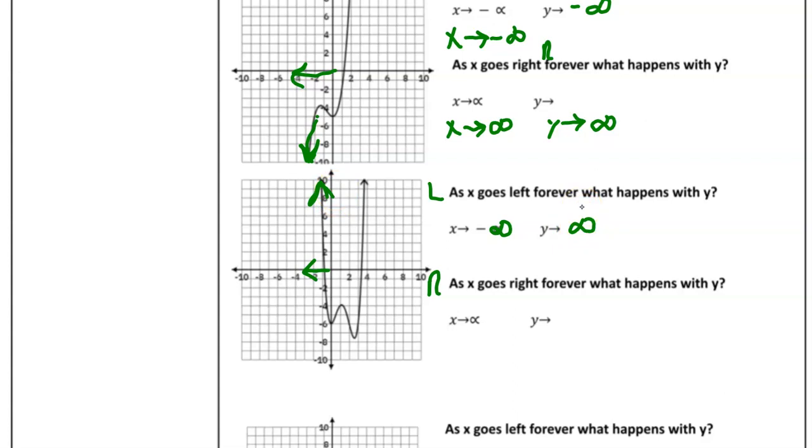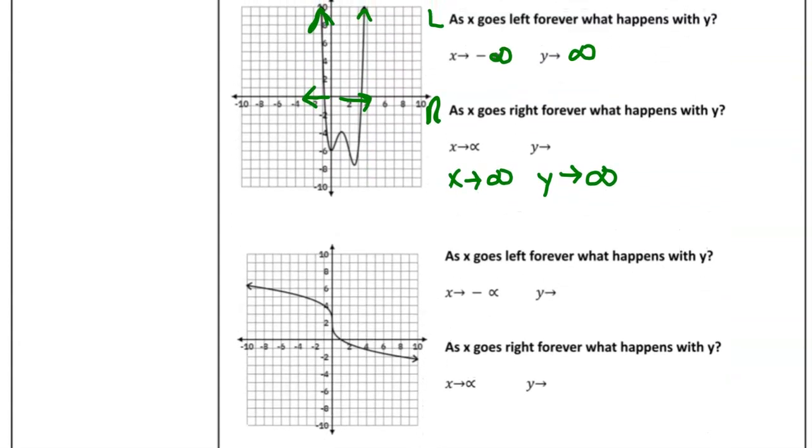And if you look on the right side over here, as x approaches positive infinity, what's y doing? It's also going up, so it's also going towards positive infinity. They both were positive.